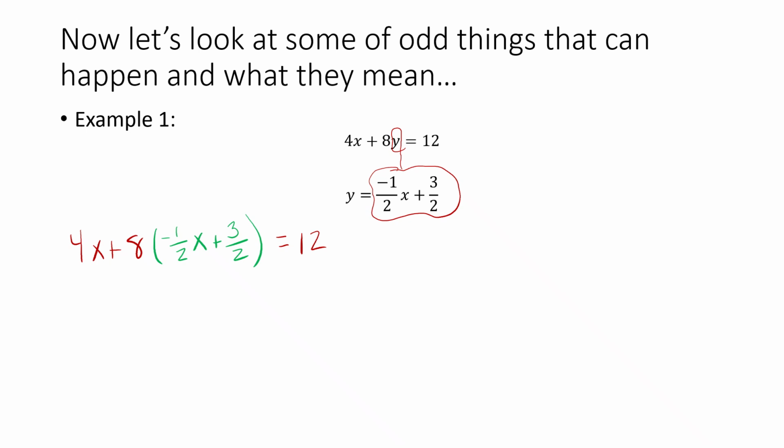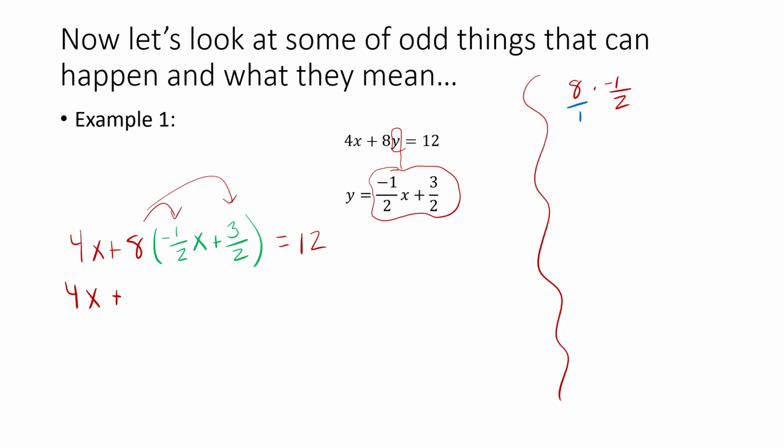So we'll need to distribute the 8 through. Again, not super thrilled with the fraction arithmetic, so I'm going to set up a spot for it over here. We're going to have a 4x, and then we need 8 times -1/2. Remember that 8 is 8 over 1, so we'll multiply going straight across. 8 times -1 is -8, 1 times 2 is 2, and -8 divided by 2 is -4.